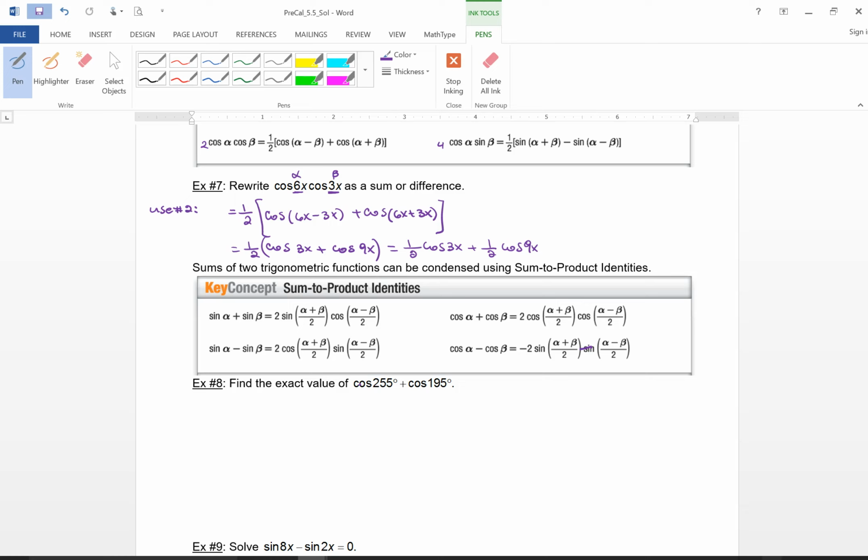And then sometimes you have the sum, like you're adding. Okay, so what if you're adding functions with different angles? Then you use these. So look, you have cosine something plus cosine something else. So of 1, 2, 3, 4, which one are we going to use for this one?